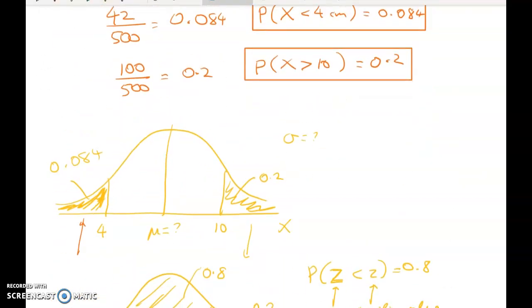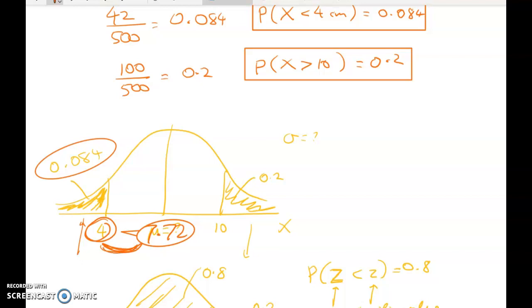Here's my initial picture. And it is worth doing it reasonably accurately. Let's put on our mu value here of 7.72. Does it look right? Well, it does, right? Because you can see that this is quite a small probability. First of all, 4 is less than that, so that's good. And 4 is 3 and a bit away.